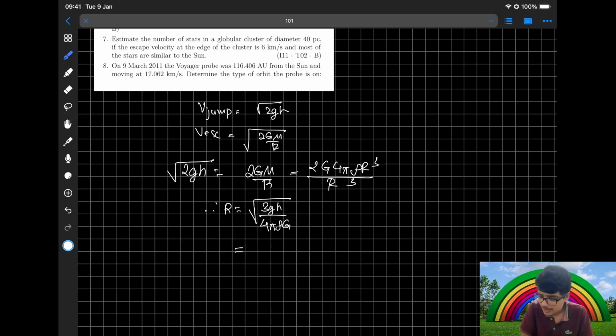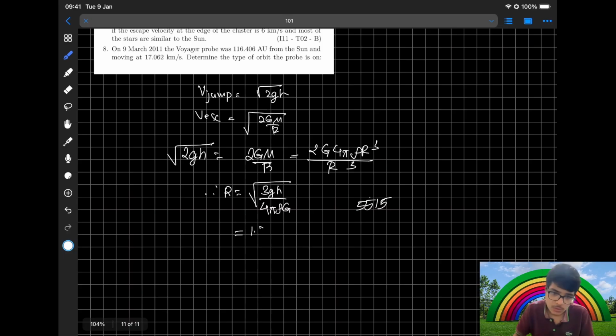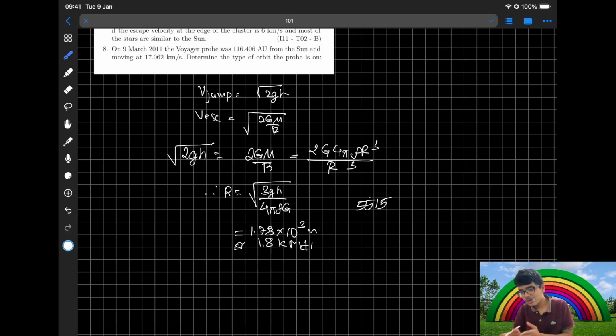And for density, I'll tell you it is 5,515 kg per meter cube, the density of Earth, and G is a small constant, which would roughly come to around 1.8 kilometers. So the radius of that planet would have to be 1.8 kilometers, then by just jumping we will escape that planet.